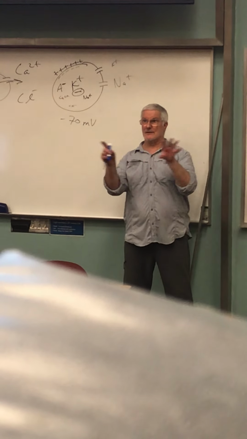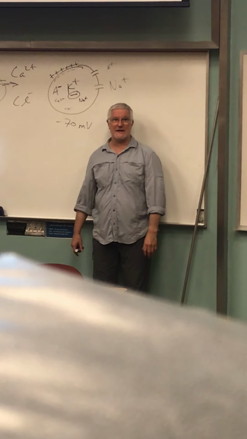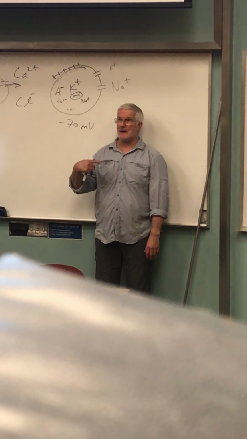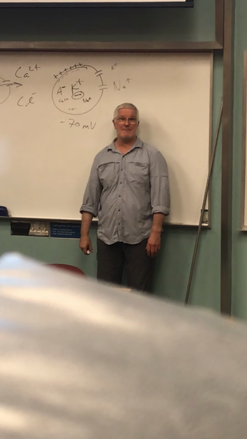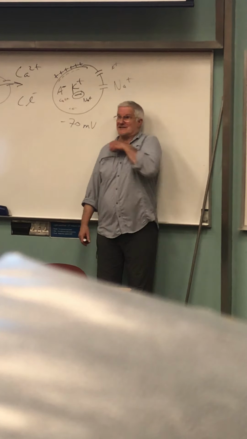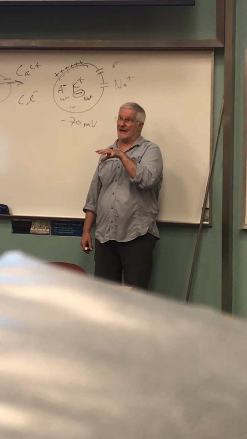But if you just leave the cell alone, like right now if I stand here and my biceps aren't working, there's a resting membrane potential of minus 90 millivolts across those cell membranes. When I just did this, I rapidly changed it. And we'll talk about how we do that in a couple of minutes from now.